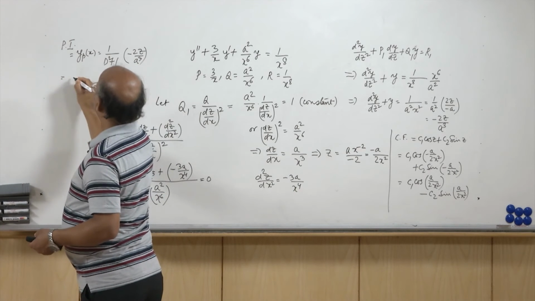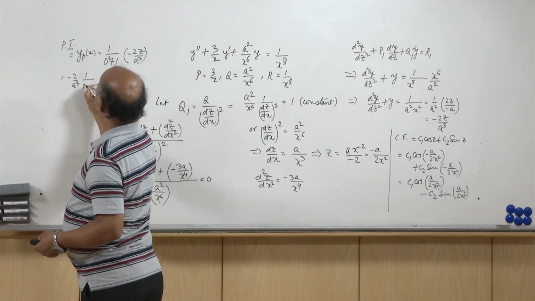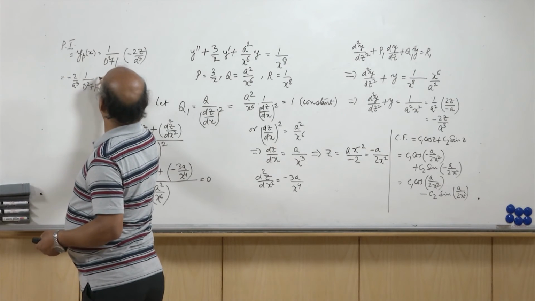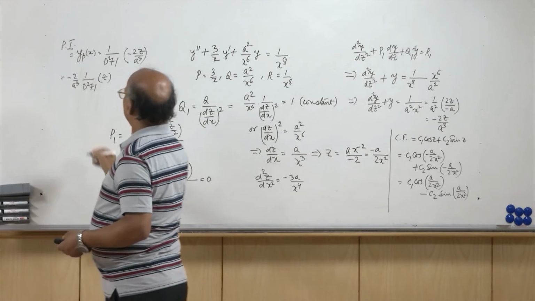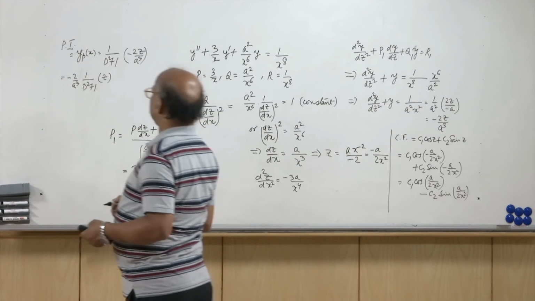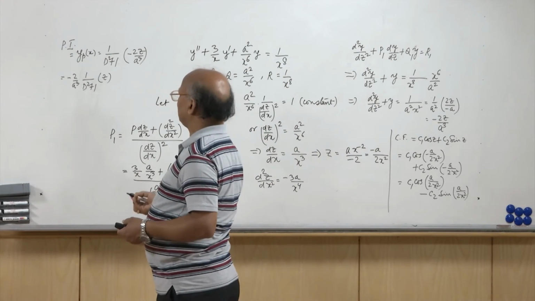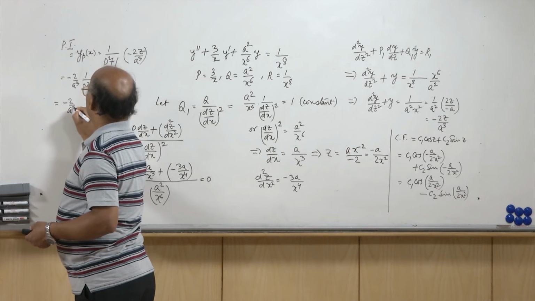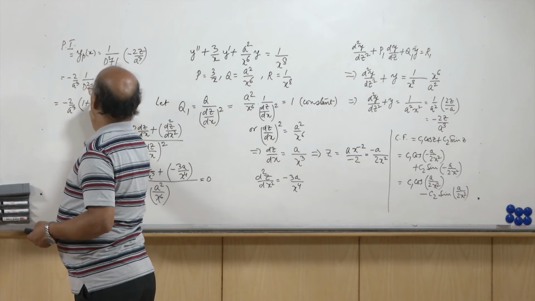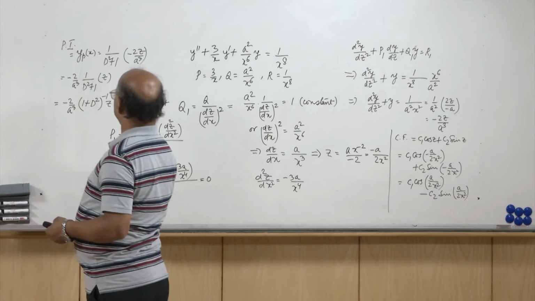So this is equal to minus 2 by a cube times 1 over d square plus 1 acting on z. Now z is a polynomial of degree 1, so we shall expand 1 over d square plus 1 in the form of binomial expansion. So minus 2 by a cube, 1 plus d square raised to the power minus 1 operating on z.